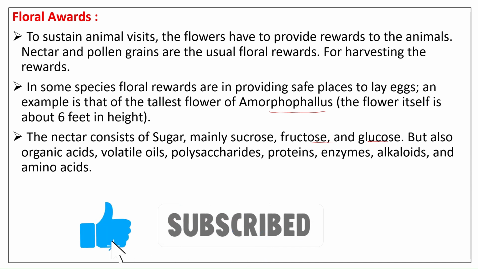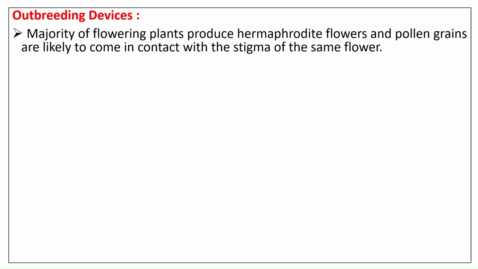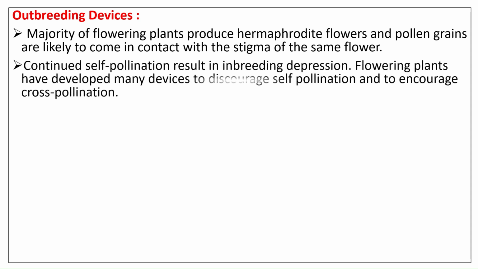and amino acids. Now let's see some outbreeding devices. Majority of flowering plants produce hermaphrodite flowers, and pollen grains are likely to come in contact with the stigma of the same flower. Continued self-pollination results in inbreeding depression.